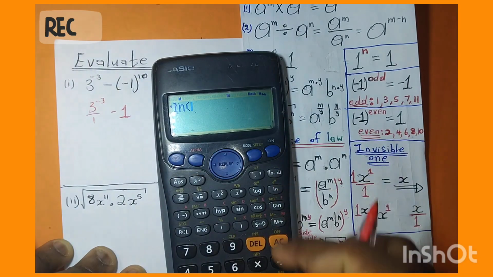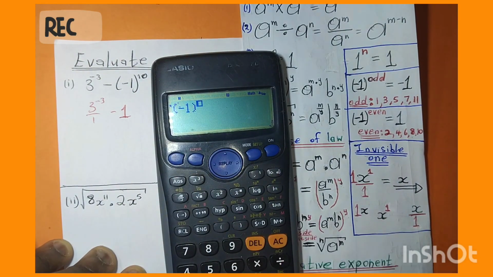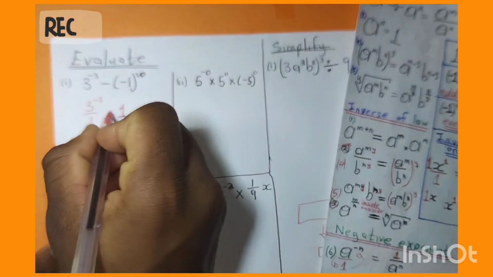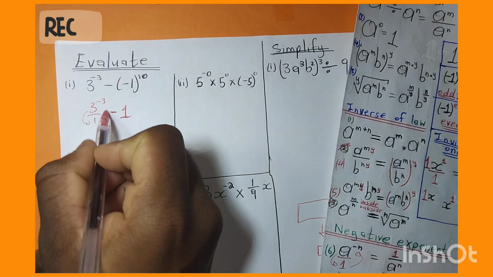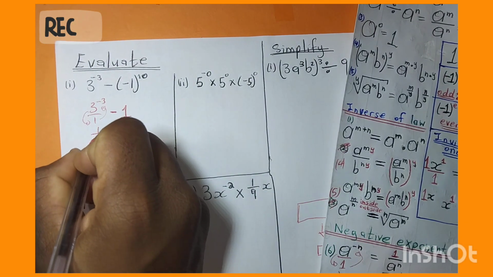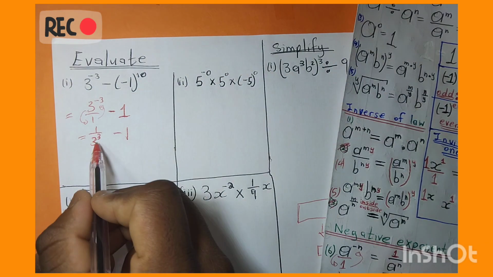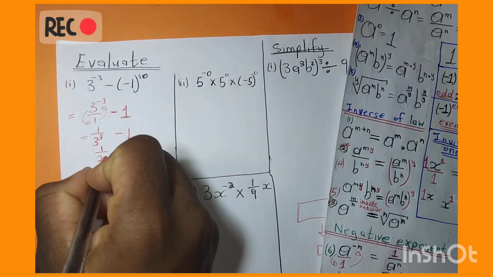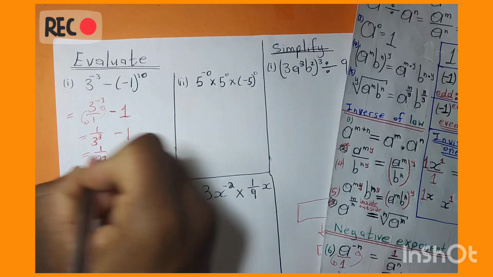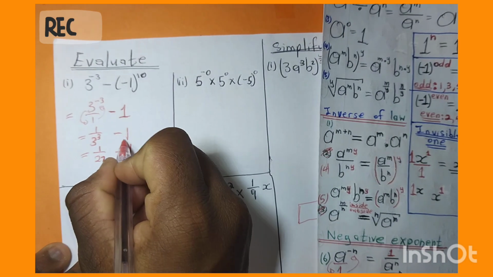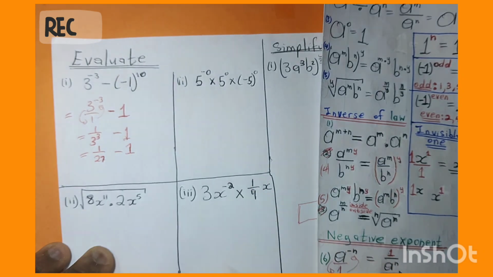You can even use your calculator just to cheat once, and you will still get +1. Here it's minus, so I can just flip this fraction. When I flip that fraction, this is what it becomes, to the power -1. Again, this is the same as 1 over 27, 27 to the power -1. Do you see, guys? That one is 1.